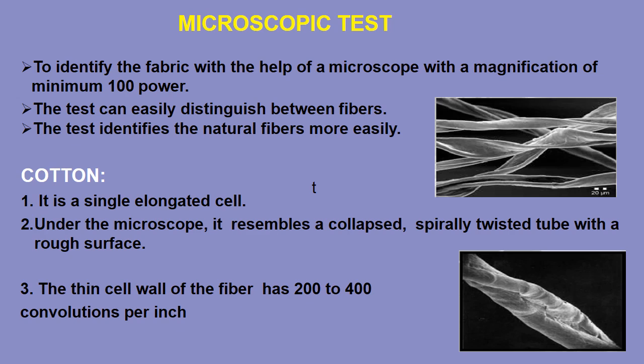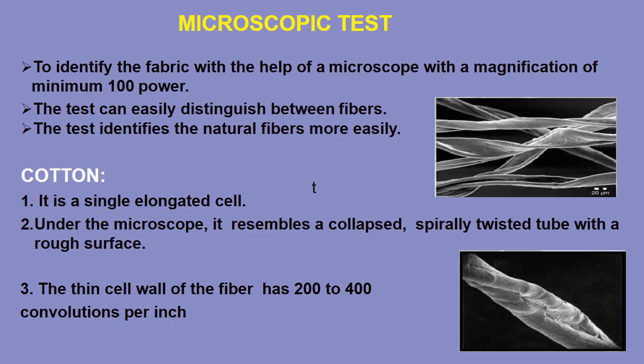With 100 power magnification, we can see the characteristics and appearance of the fiber, and we can identify what kind of fiber it is. The test can easily distinguish between fibers, and the test identifies natural fibers more easily. So more than synthetic fibers, natural fibers are easier to identify by their characteristics under the microscope.